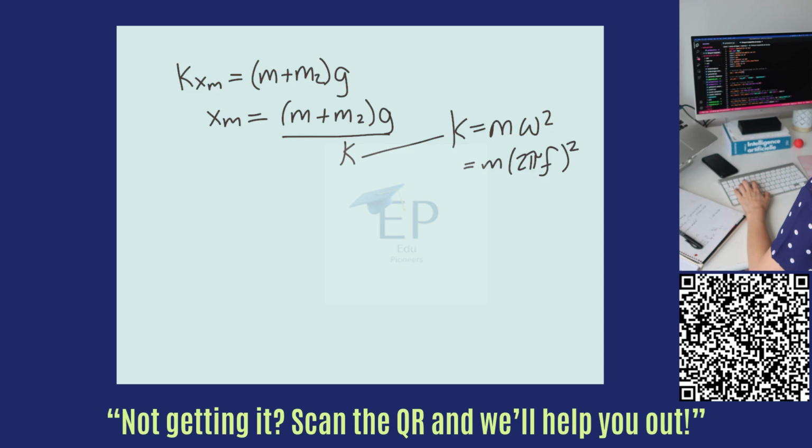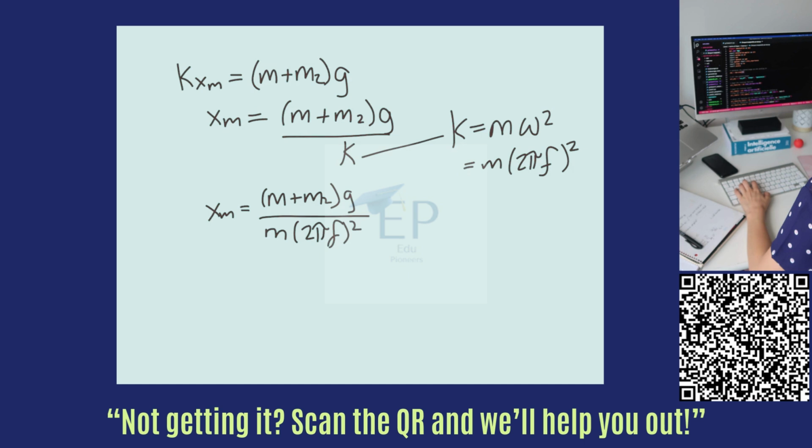So our new rest position or equilibrium is going to be our first mass plus our second mass times gravity divided by our mass times 2 pi f squared.